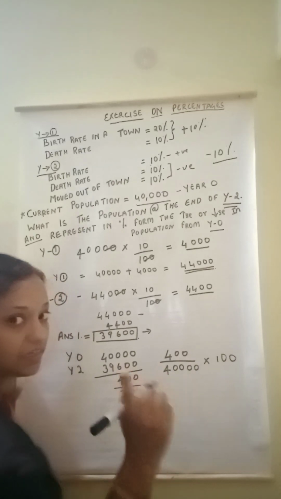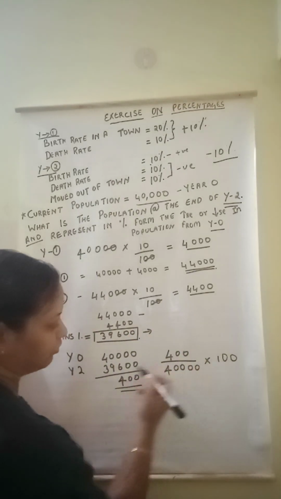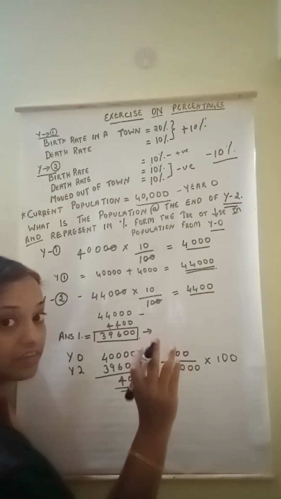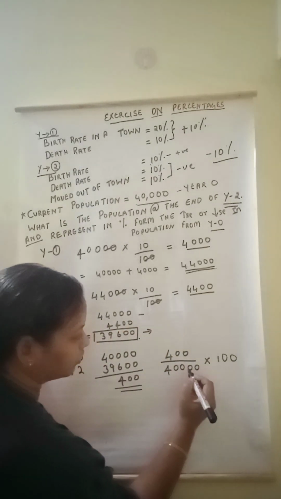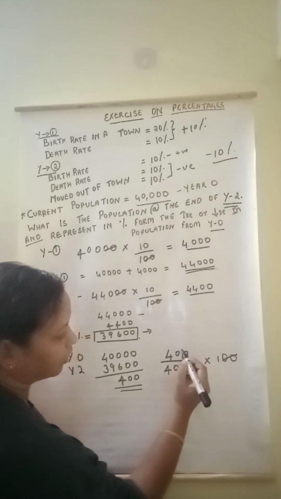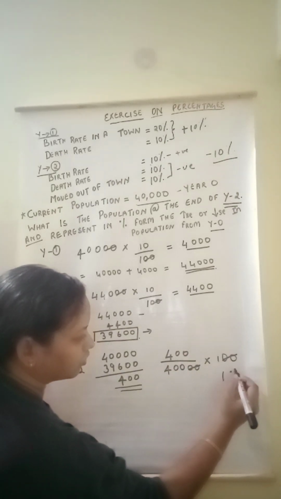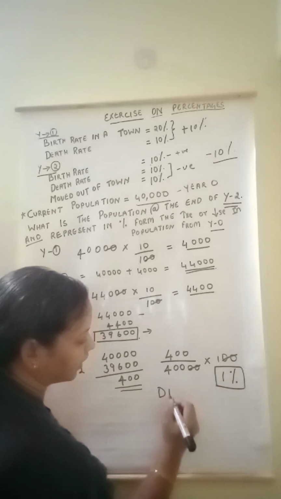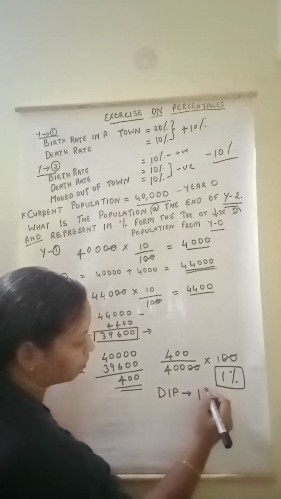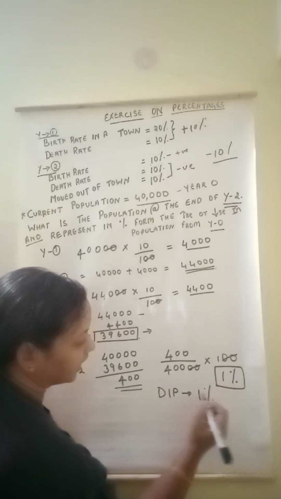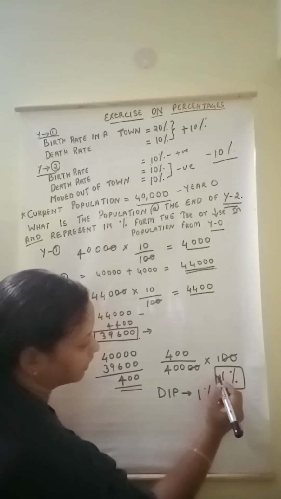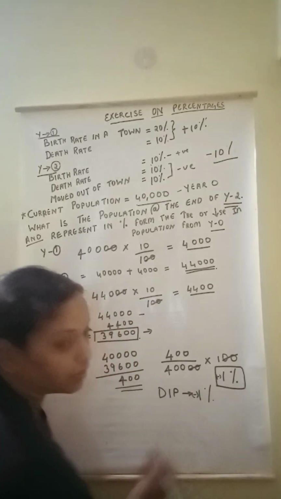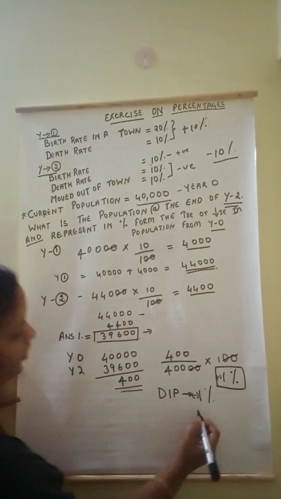Why? We have to represent it in percentage. So the difference divided by original into 100, that is when you get the percentage. When you do this, 400 by 400 makes it 1. So it is 1%. So there is a dip by 1% in the population in this town. This is a negative number, so you have to put a minus. So it is a minus 1% dip. This is your answer 2.